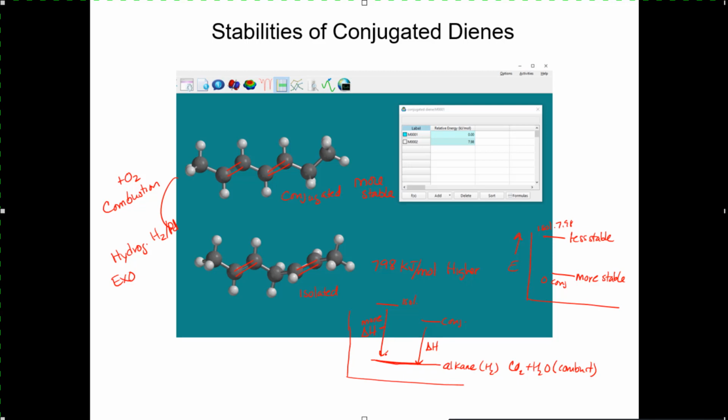That gives us the ability to determine which one is more or less stable, and that's experimentally how we do that.